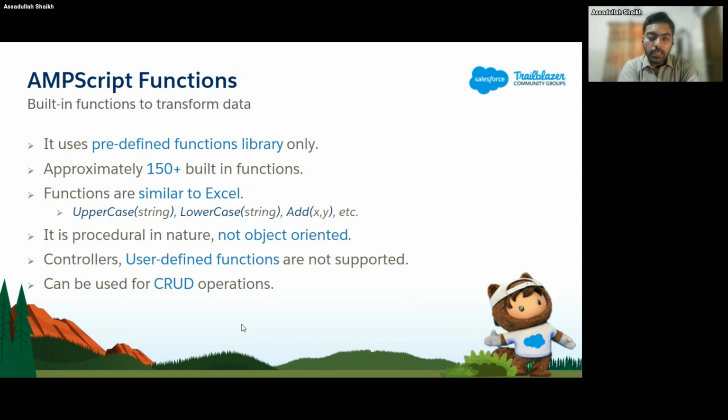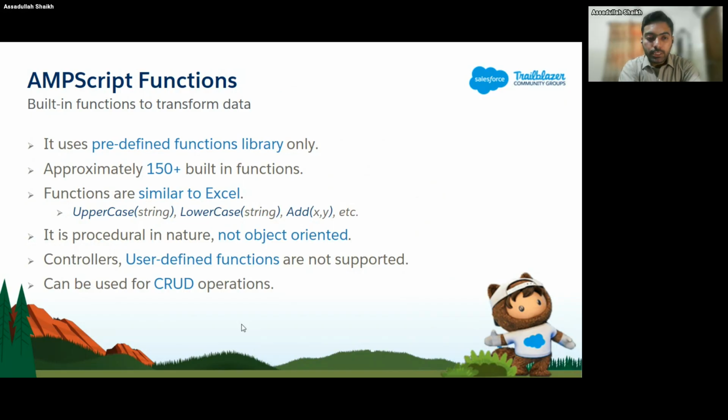AMPscript only has limited functionality because it is built for Marketing Cloud, and it covers all the areas that need to be customized in Marketing Cloud, right? So it has a built-in library of functions. I will show you in the demo later.